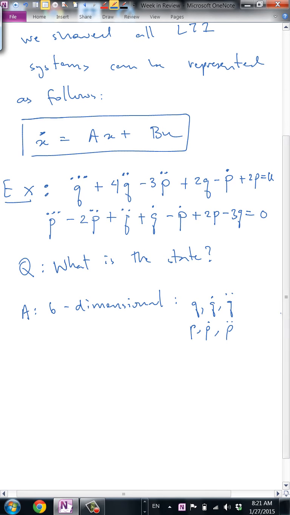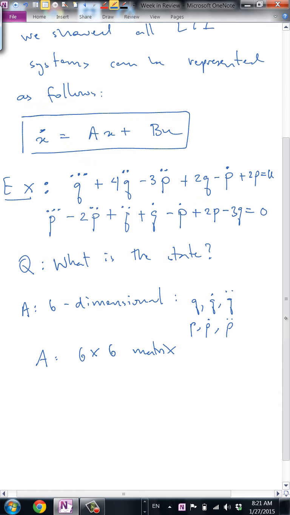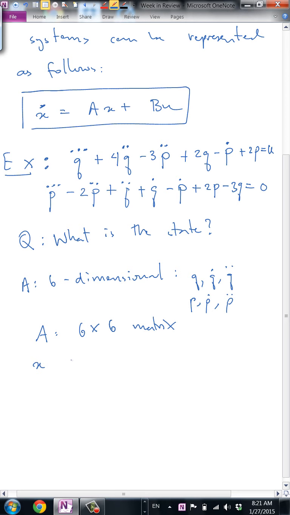So we should expect a representation x dot equals Ax plus Bu, where A is a 6x6 matrix. And let's see if that happens. And x would be a 6-dimensional vector.